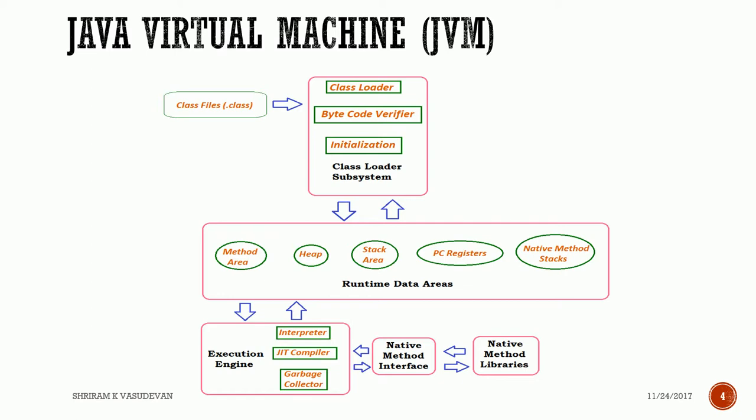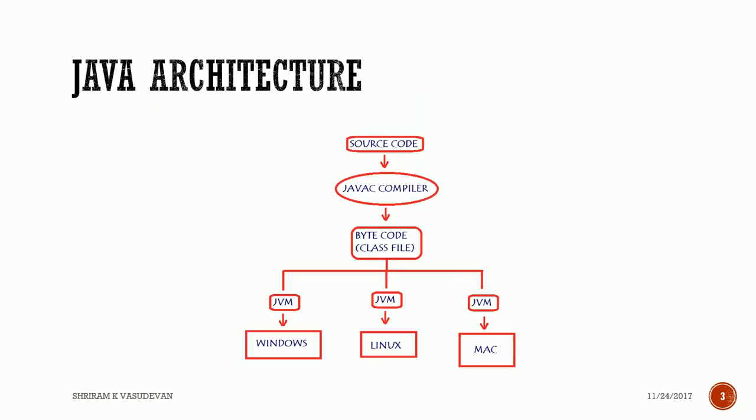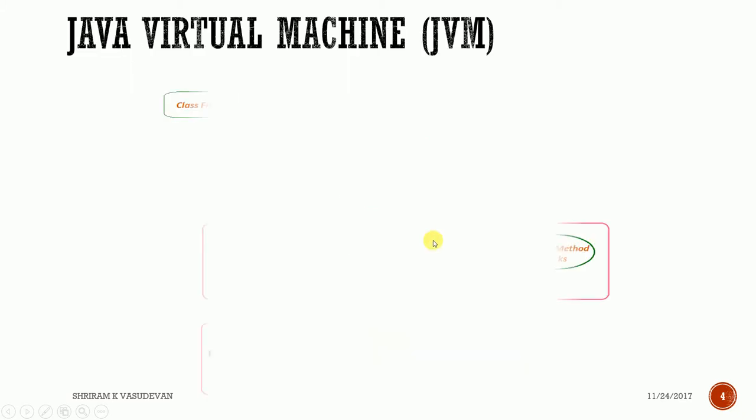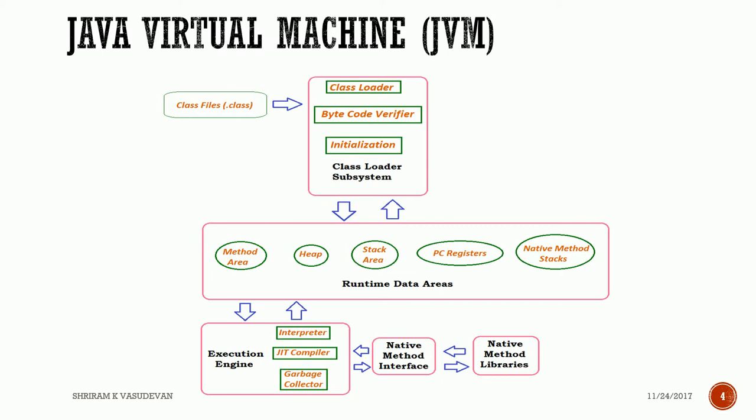The class loader will read the .class file, which means the input that is generated in the previous step. You can see that here we have the class file generated, in the form of a .class file. This input is now sent into the class loader subsystem. The class loader reads the .class file, and then the corresponding binary data will be generated.